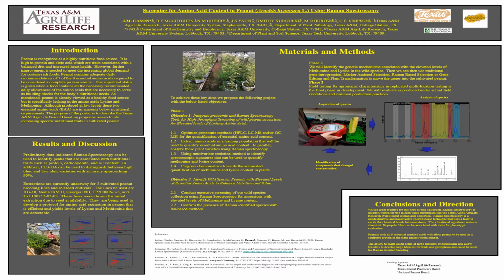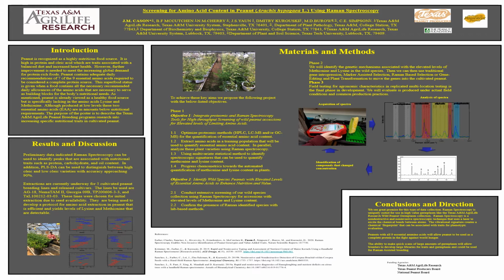In phase 2, we will identify genetic mechanisms that are associated with these elevated levels, and then begin the introgression program using traditional gene integration, marker-assisted selection, Raman Based Selection, and possibly even gene editing to move these genes into the cultivated peanut. And then finally, in phase 3, we will begin field testing for agronomic traits in multi-location replicated testing.